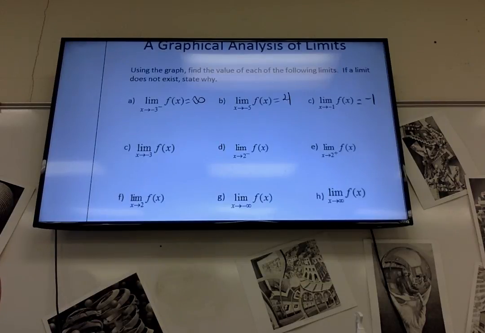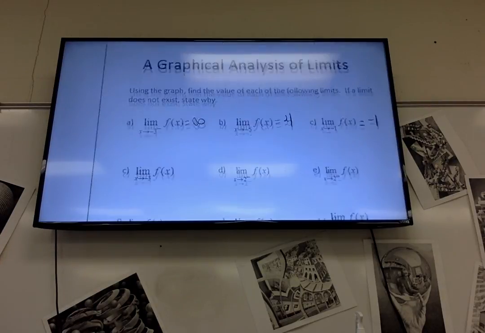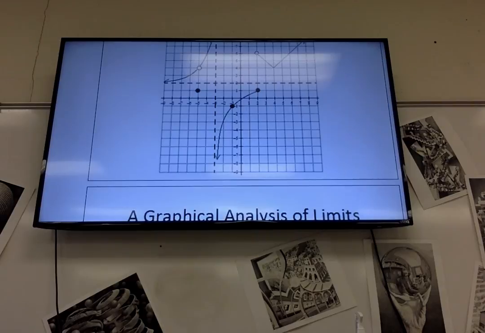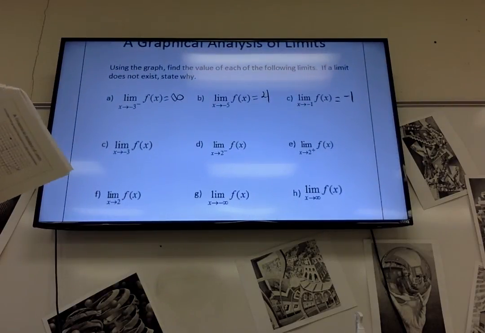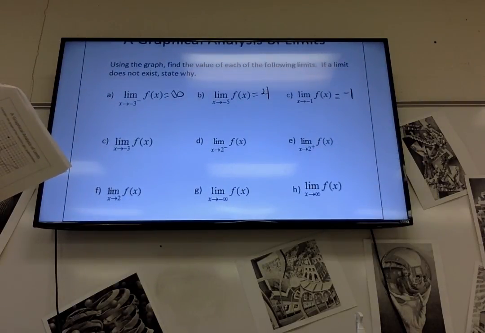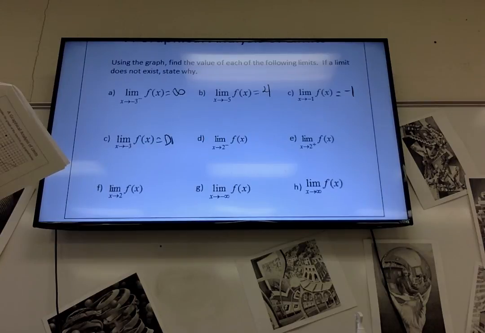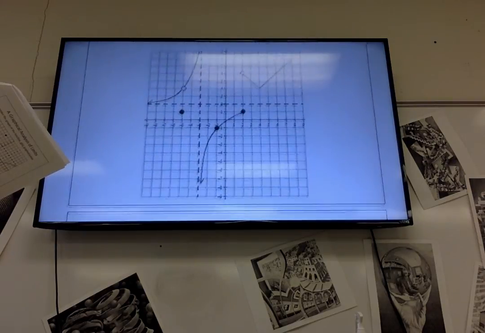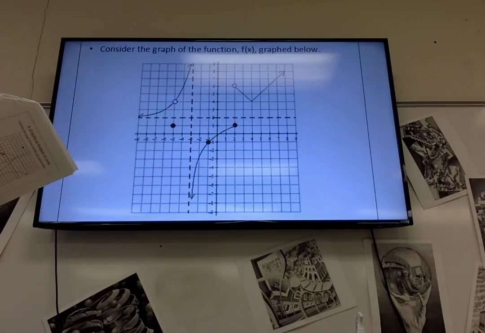D, the limit as x approaches negative 3 of f of x, Lilies? That is absolutely right. As it approaches negative 3, let's see, here's negative 3. X approaches negative 3.